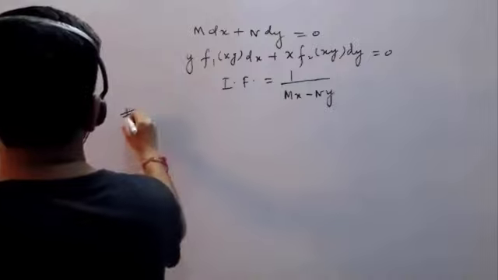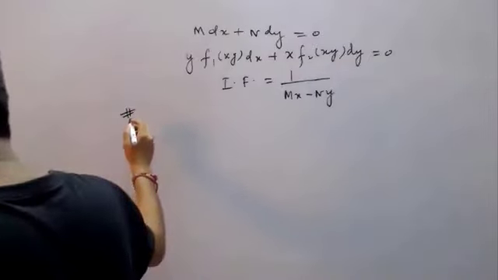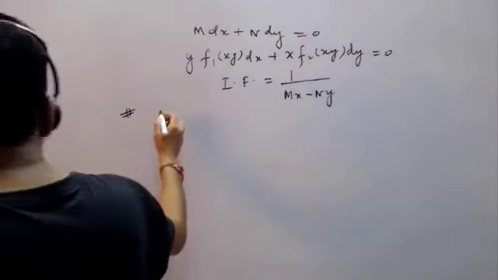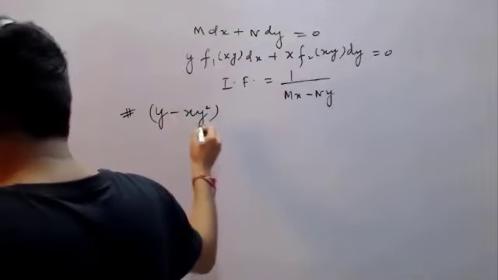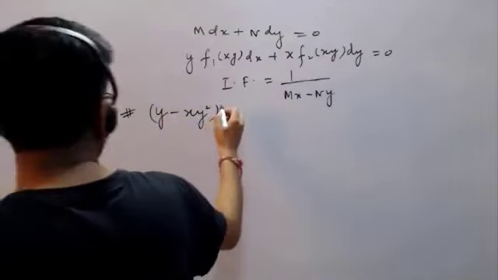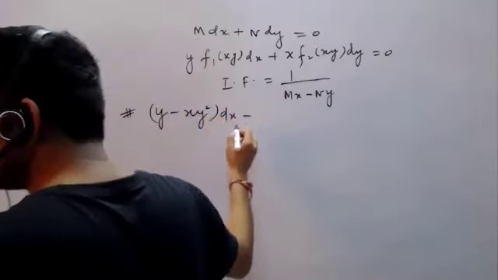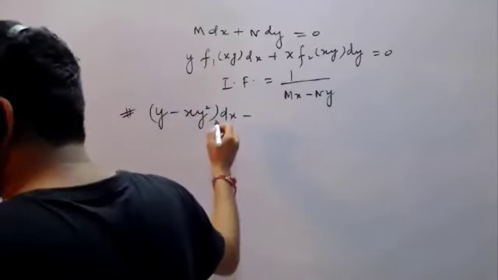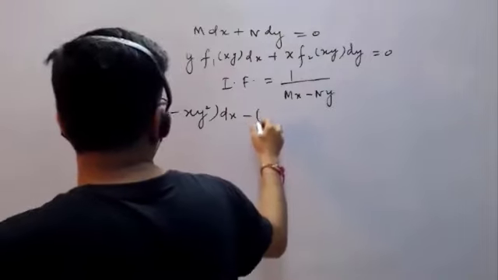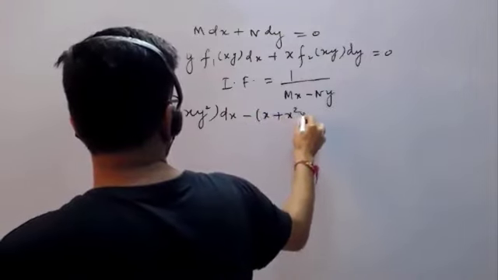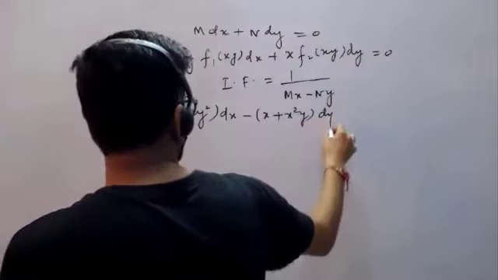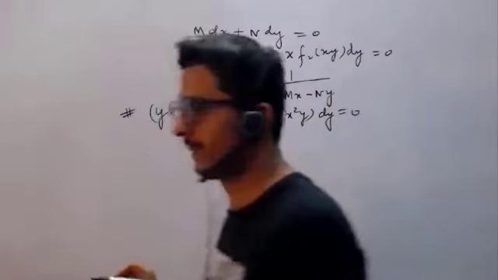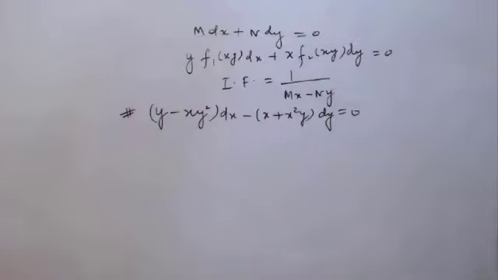Okay, so see the next question, and that is (y minus xy square) dx minus (x plus x square y) dy is equal to 0. Okay, suppose this is the question.